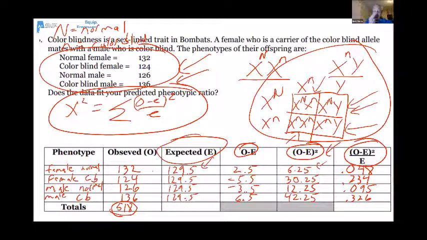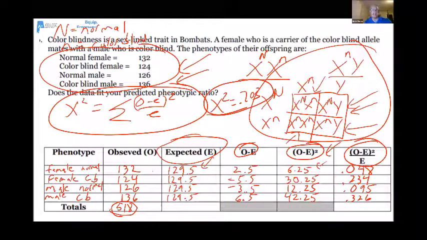What should I do here with my table to get my chi-square value? Anybody? Add it up. Yeah, add up what? That last column. Yep, add up the last column is all that formula is telling me to do. And I'm getting a chi-square value of 0.703.